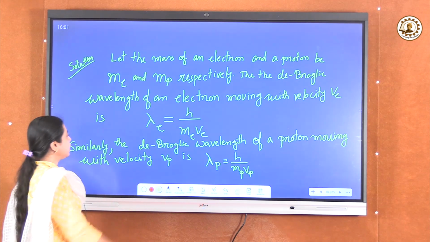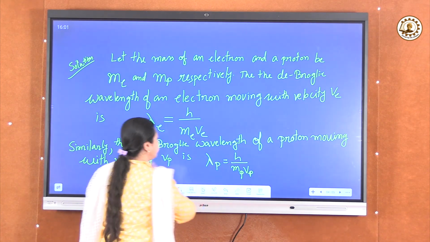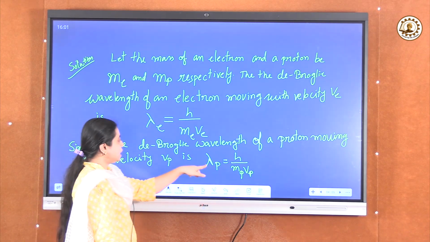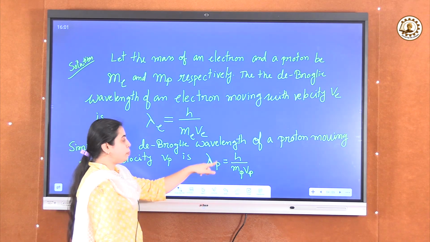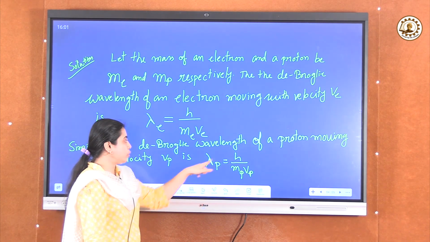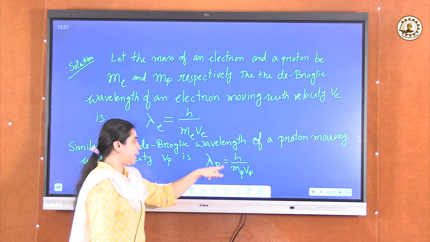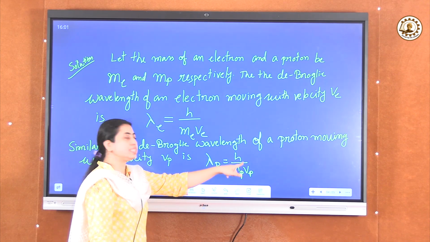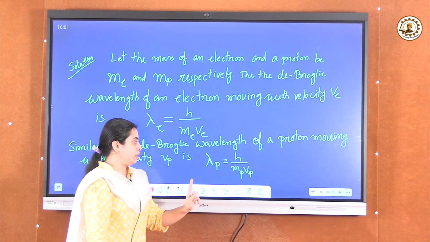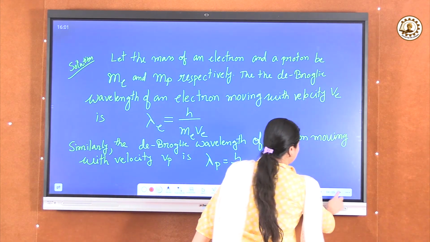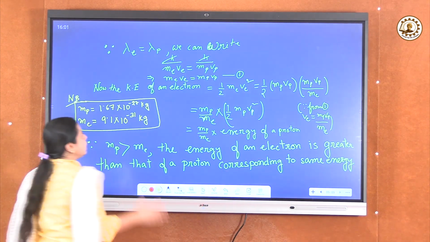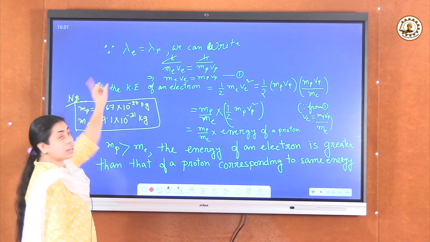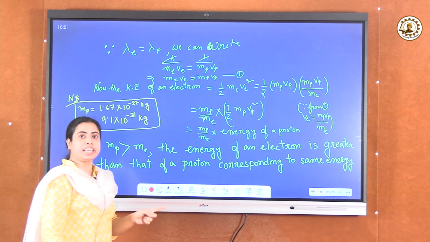And similarly for the proton, we will write the de Broglie wavelength lambda p equals h by mass of the proton Mp into velocity of the proton Vp.